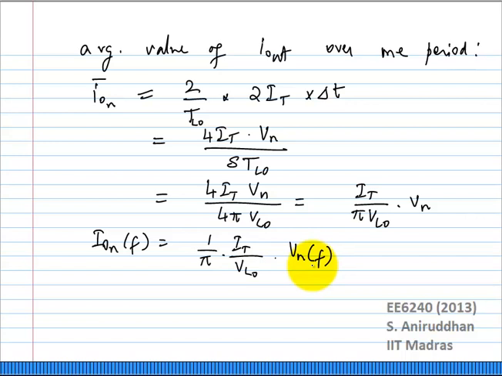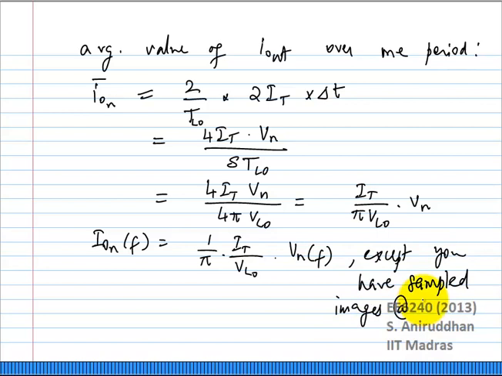In reality, if you want the totality of the output noise, I'll just say except sampled images at 2 fLO, or 2 omega LO if you are plotting it with respect to the angular frequency.